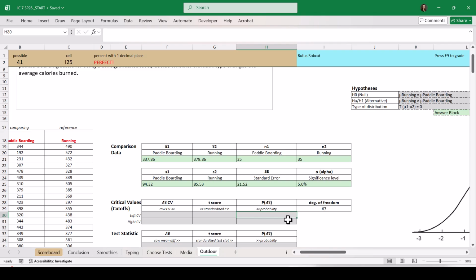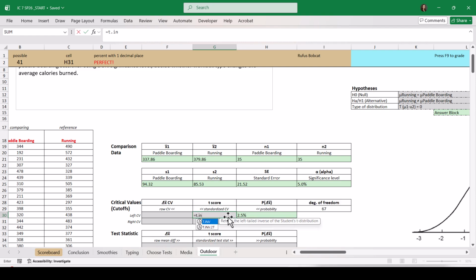Alpha is our rejection region. So we take alpha and we divide it into our 2 tails. The reason why we're dividing it into the 2 tails is because we're doing a 2-tailed test.